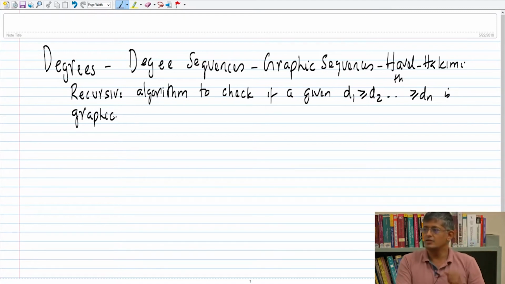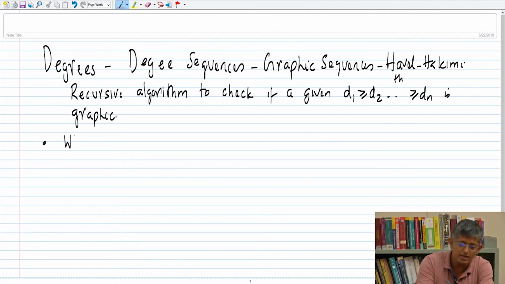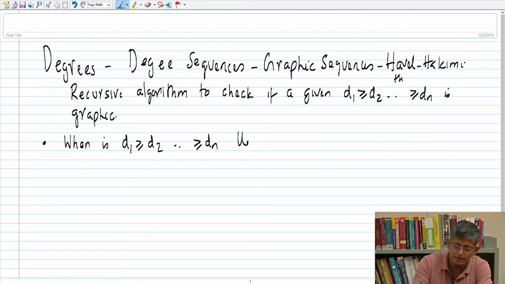Right. So just as a warm up, let me ask you an intuitive question, and you can give me your intuitive answer. When is d1 greater than or equal to d2 the degree sequence of a tree?